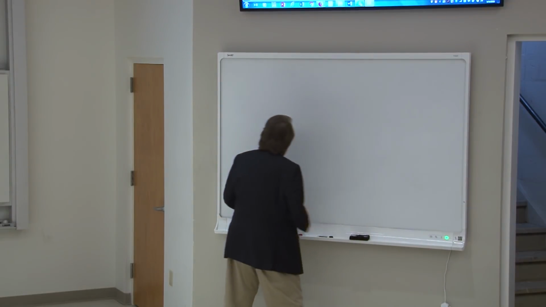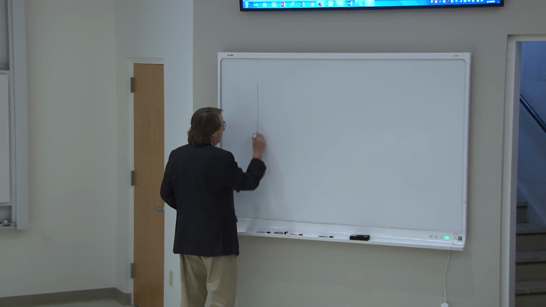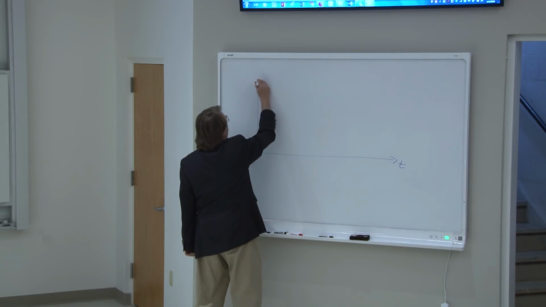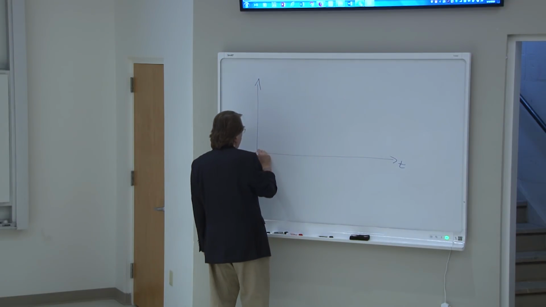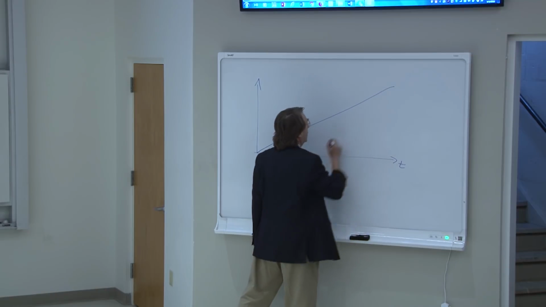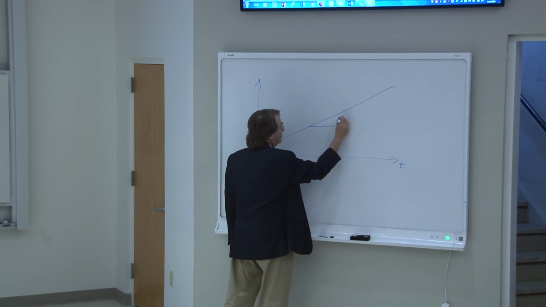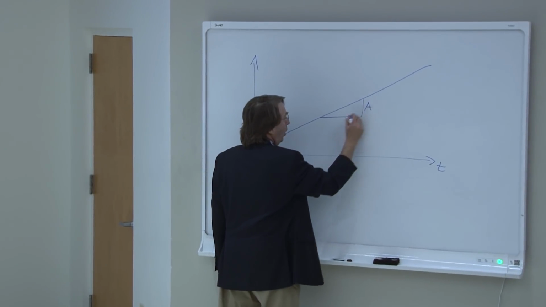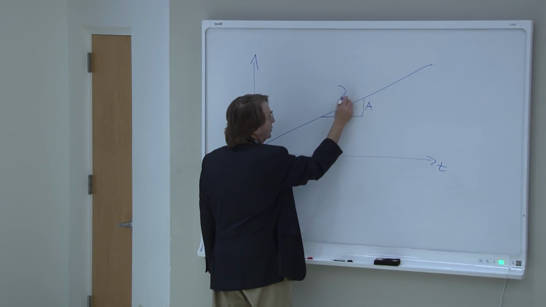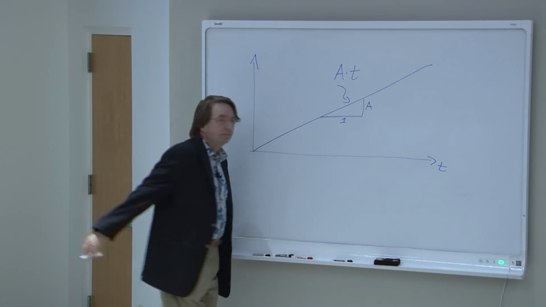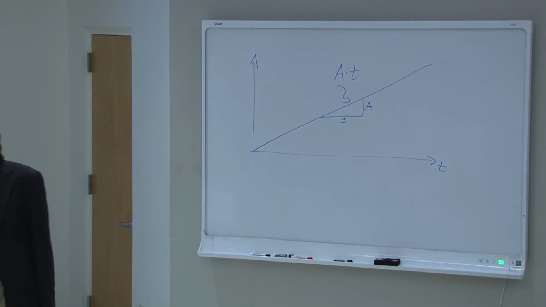All right, so this is time. Now, this is the input, and it has a slope, rise over run, A over 1. So the equation for this line is A times T. That's now the input.